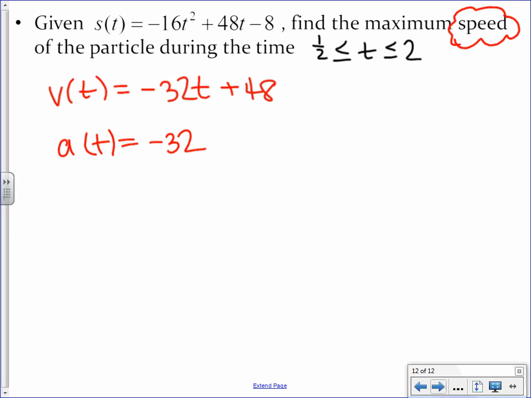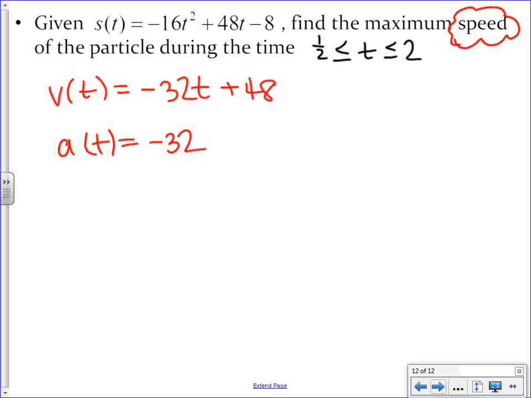Okay. Do we have a critical point of our velocity function? No. Which means what is happening? The velocity is constantly changing. Our acceleration is constant, right?